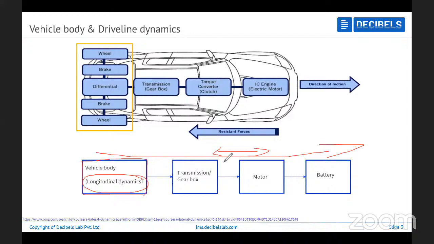Whatever resistive forces you estimate are at this particular part, the vehicle body. Later we'll involve our transmission system, where the gear ratio is already sized, and the motor system in the later stages. First, we'll go through the vehicle body side.